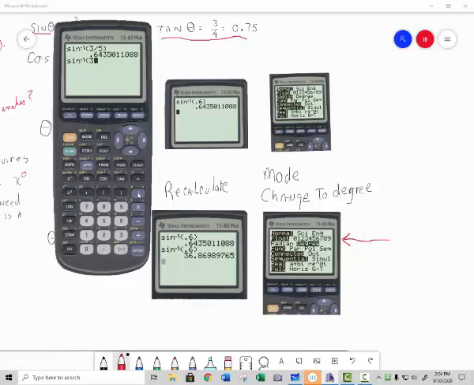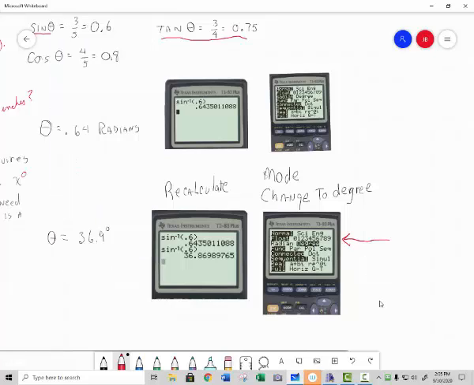That's what I said earlier. And I see that the angle is 36.86 degrees. That's what I've got on this display right here. So this one, the first one, 0.64, is measuring in radians, and this one's measuring in degrees. And it depends upon how you have this piece set. And you want to set it to degrees.